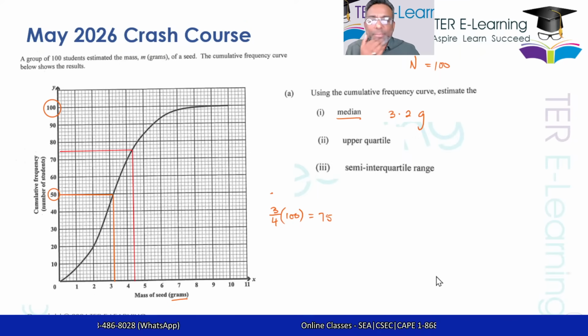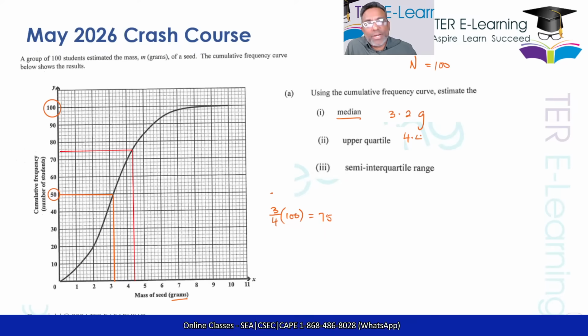That might be about 4.4 for the upper quartile. I'm just estimating here. The graph is a little twisted, so it's a little difficult to draw a straight line. Okay, so that's your upper quartile. You read off at 75 in order to determine the upper quartile.